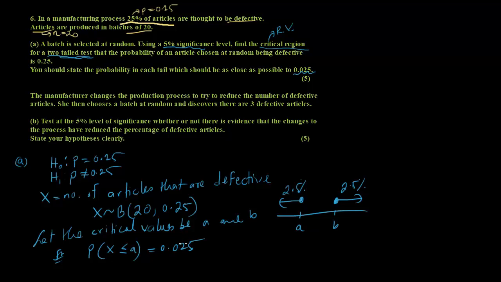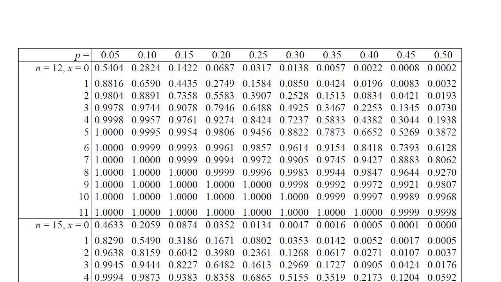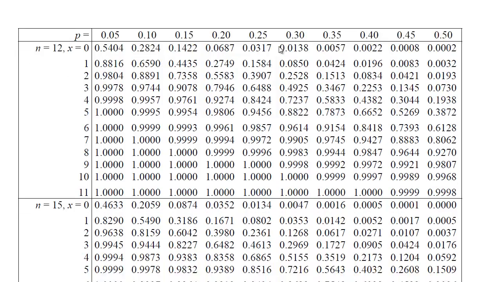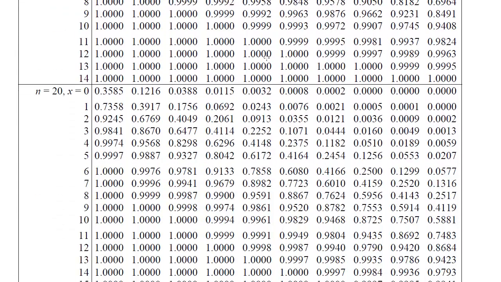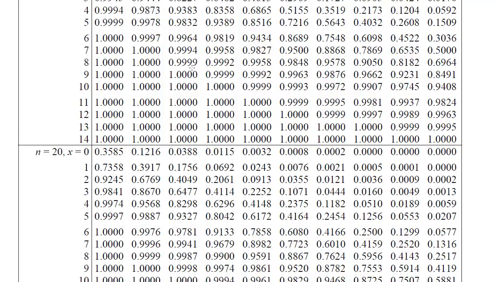So we have to look up the binomial distribution table, and we have to find the value of A. So the probability of X less than or equal to what, and what do we get? This is the binomial distribution table, and we need n equals 20. If we scroll down, this is n equals 20, and the probability of success has to be 0.25.